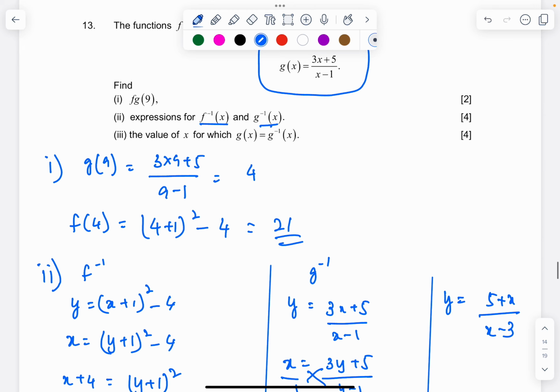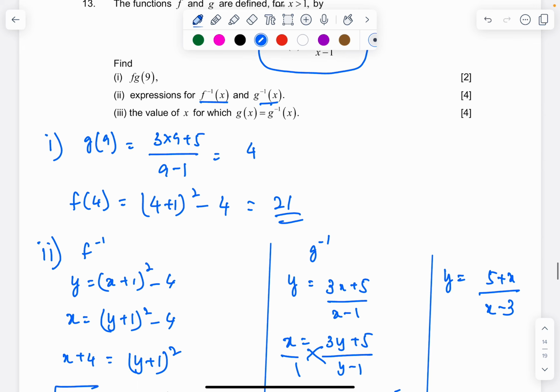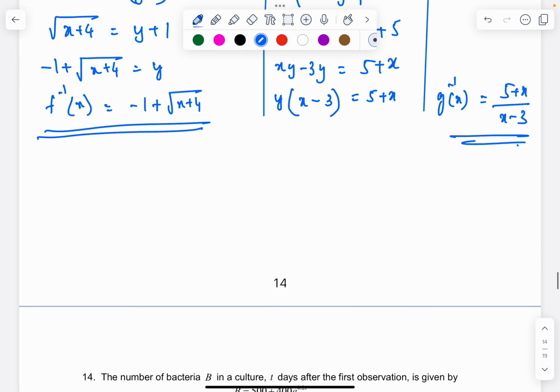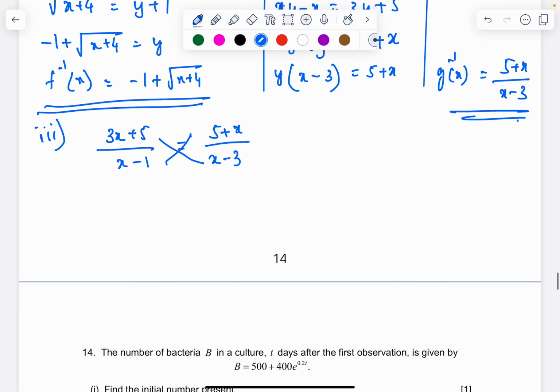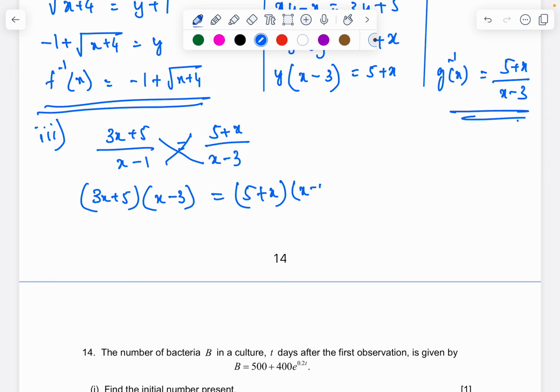Then the last part is to find the value of x for which g of x is equal to g inverse of x. So 3x plus 5 over x minus 1 is equal to 5 plus x over x minus 3. Cross multiply. So 3x plus 5 times x minus 3 is equal to 5 plus x times x minus 1.